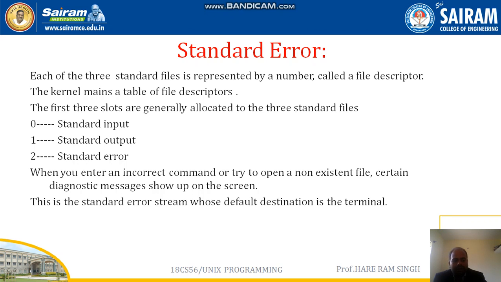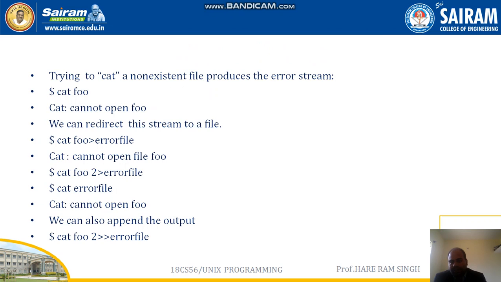Or suppose you want to open a non-existent file, then also an error message will occur. So this is the standard error stream, whose default destination is the terminal. It can be transferred to the standard error file, for any error which has occurred because of a non-existent file or an incorrect command.